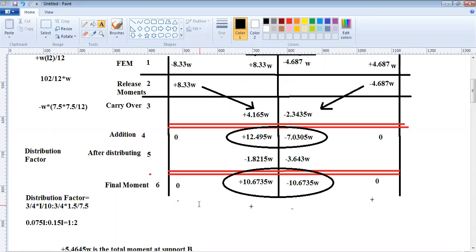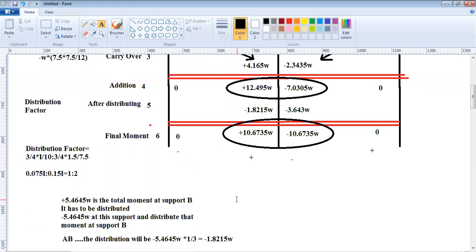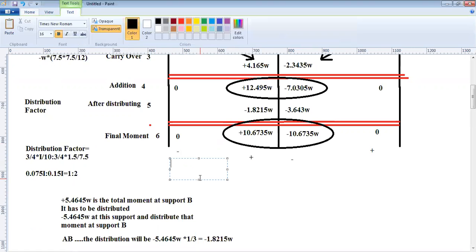If that's the convention, this means it's all in sagging. But if the convention is reverse, then this is sagging and this is in hogging. Now the convention is following: this is sagging, this is hogging, and this is sagging.